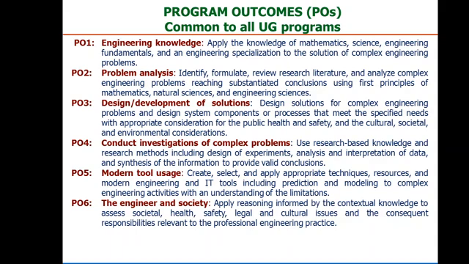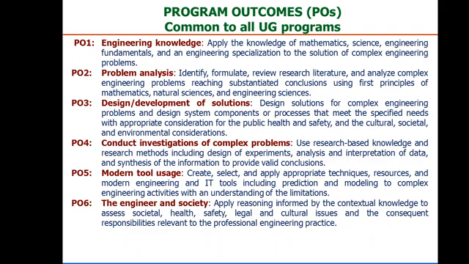For PG programs some attributes are there, and for management, some other attributes are there. Here, I am going to explain the graduate attributes for all UG engineering programs. There are 12 graduate attributes, which are called program outcomes. So a total of 12 program outcomes are there.